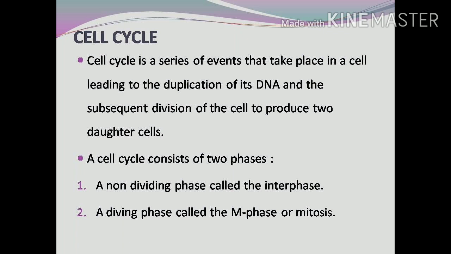The sequence of events that occur from the end of one cell division to the start of the second represents one cell cycle. In the cell cycle, duplication of DNA takes place because the DNA has to be transferred to the daughter cells. That's why duplication of DNA takes place.